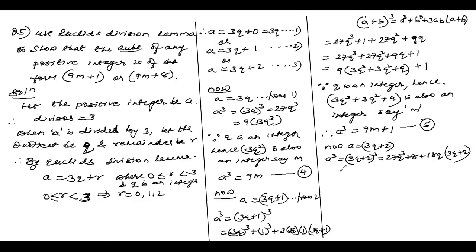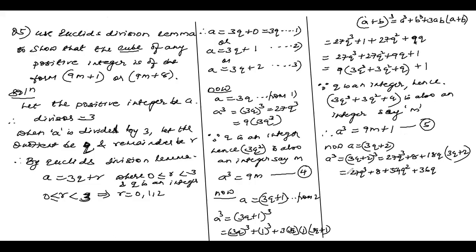So when I expand it further, children: 27q cube plus 8 plus 18q into (3q plus 2), which gives 54q square plus 36q. Can you see, children? Now what will happen?